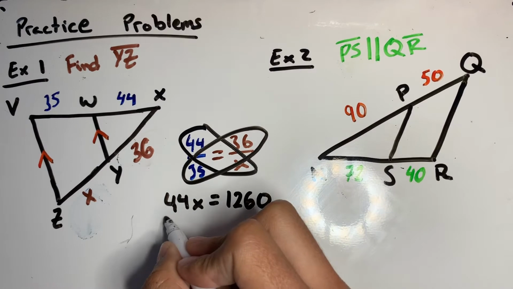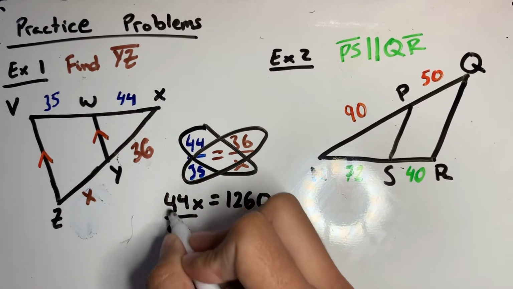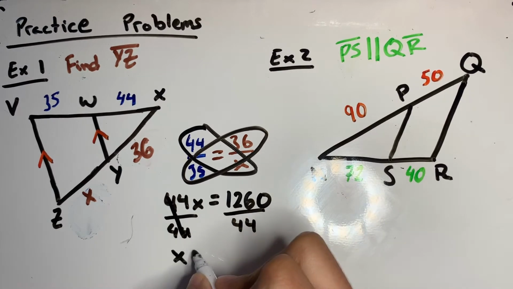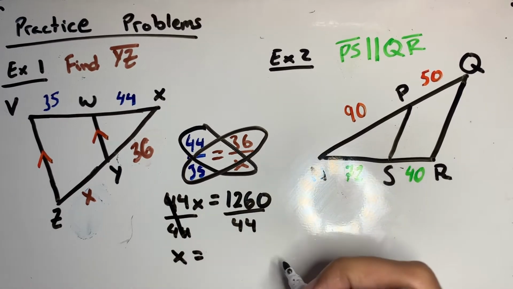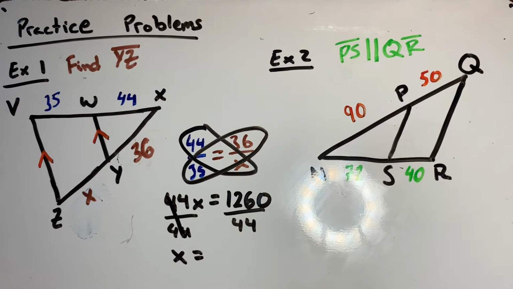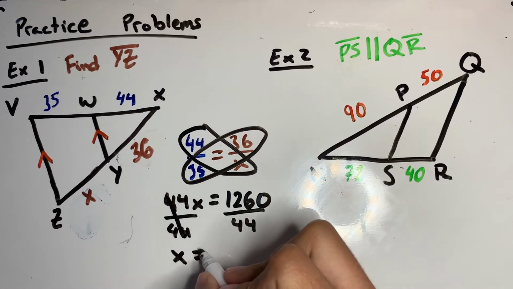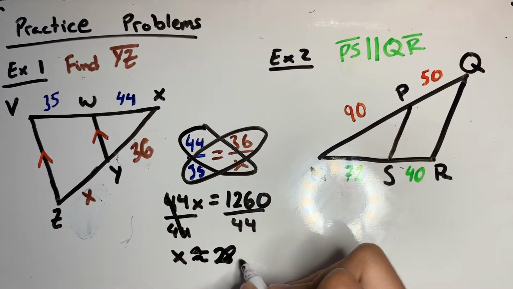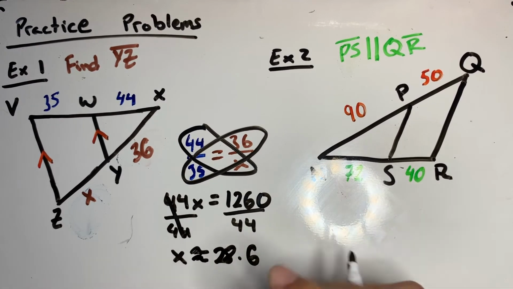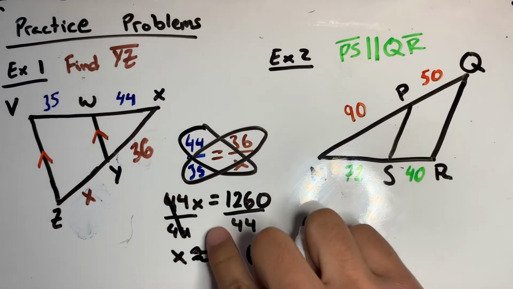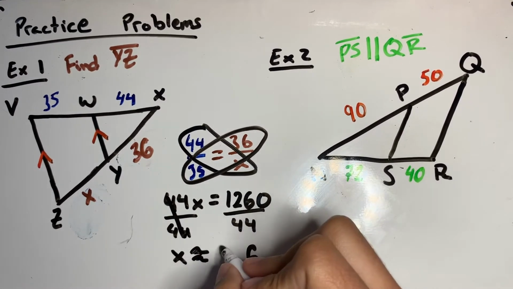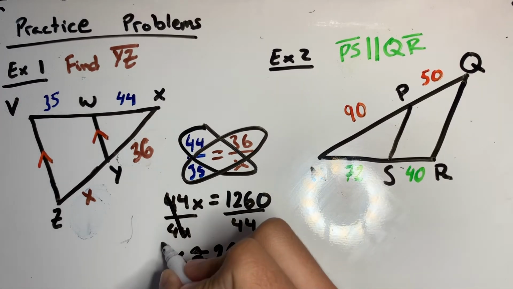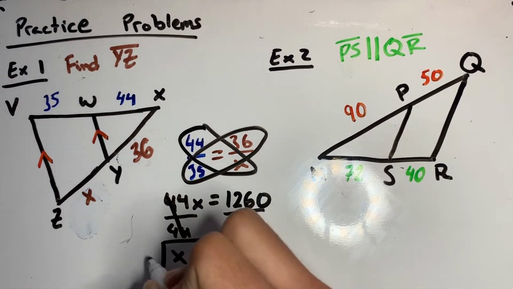All right, and then we divide by 44, and x is going to be equal to about, and I'll put my about sign, 28.6. That's an ugly 28, but 28.6. Cool. So that's our x value.